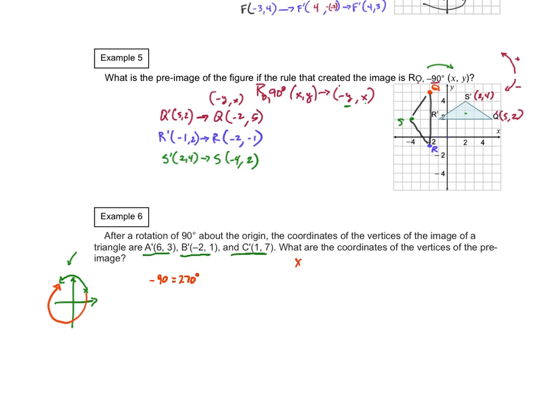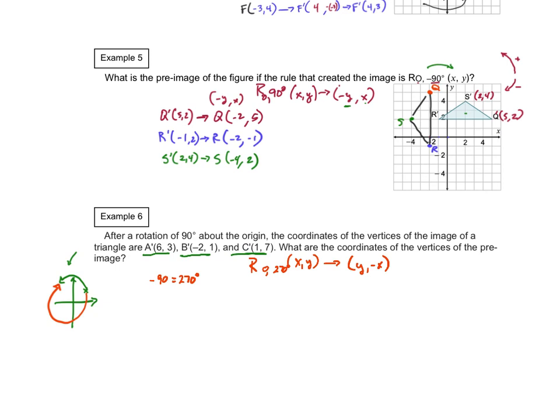So our mapping should be (x, y) maps to, for 270 degrees about the origin, (y, negative x).